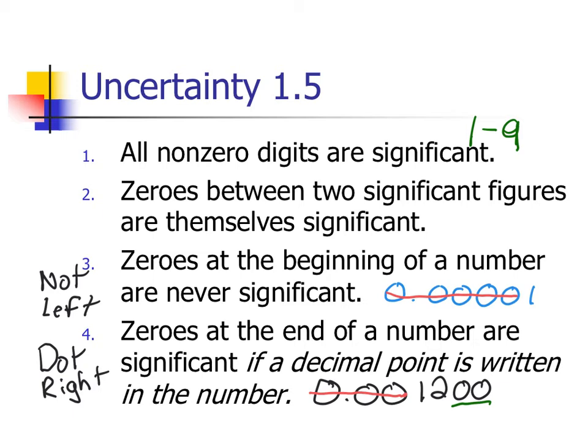So that example has 4 significant digits. The 1, the 2, and the zeros after the 2. It's like the bottom of your cookie being dipped in chocolate. I'd say it's fairly significant. The rule number 3, they're considered placeholders. They just tell us that the number's really, really, really small. That's about it.